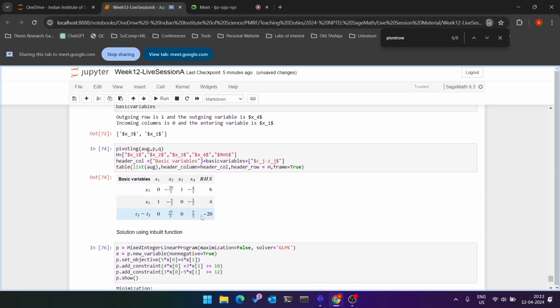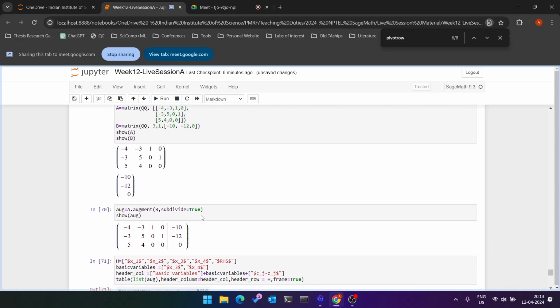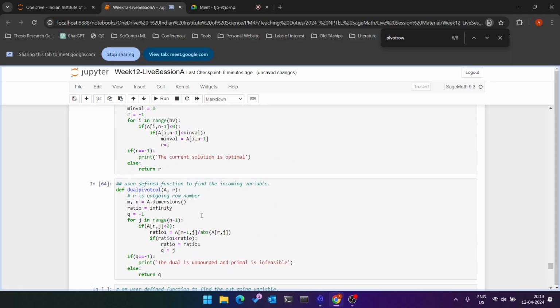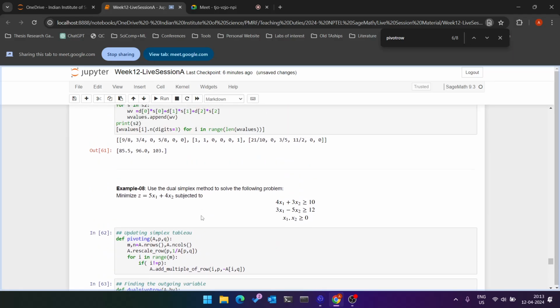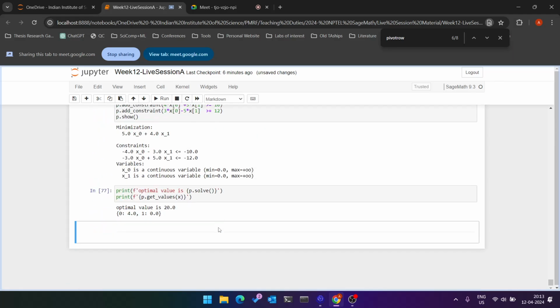So x2, x4 are both 0 in this case. So this is how I use the dual simplex method to solve this particular problem. Okay, so this covers the set of problems I had for the day.